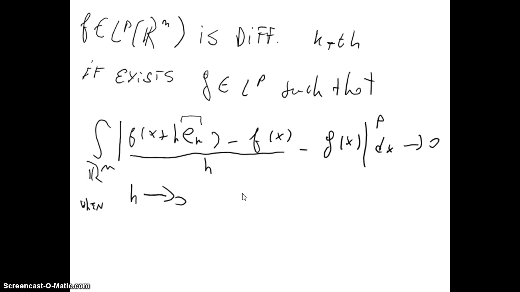Then if this g exists, so that this limit goes to 0, this g will be called the partial derivative of f with respect to the kth variable in the L^p norm.